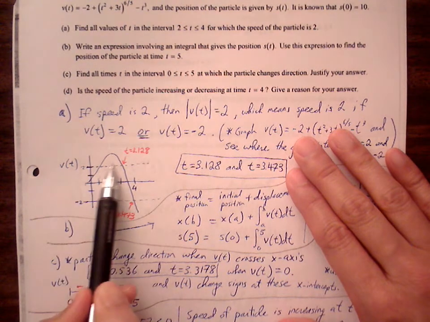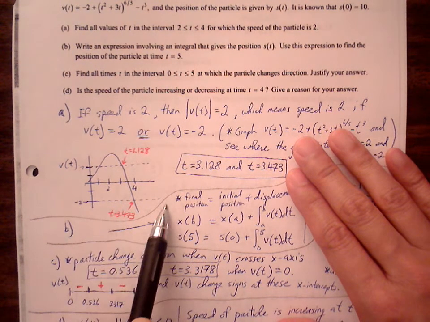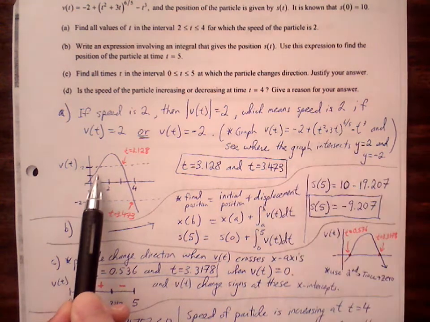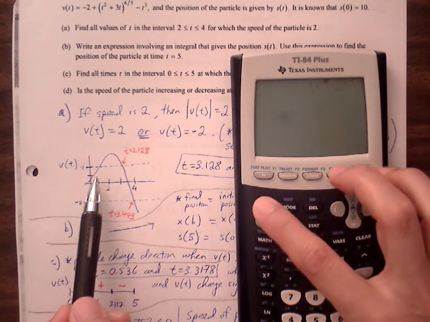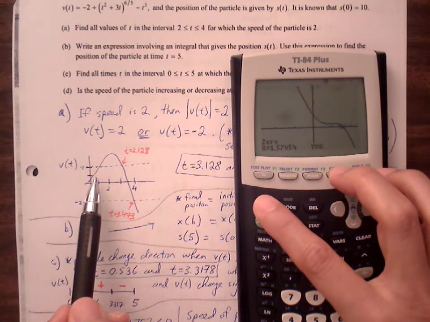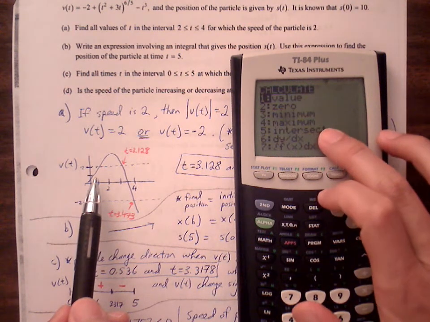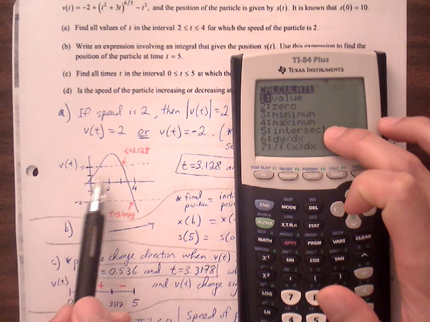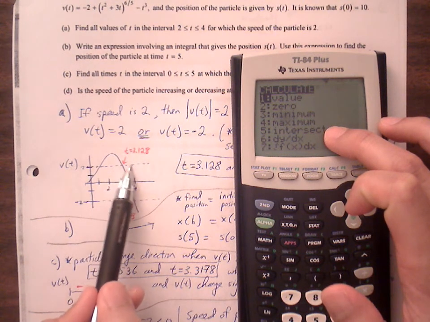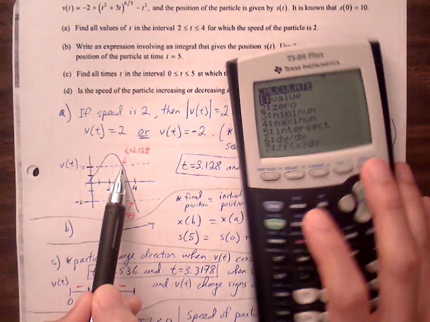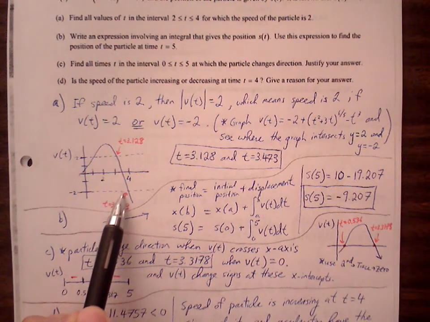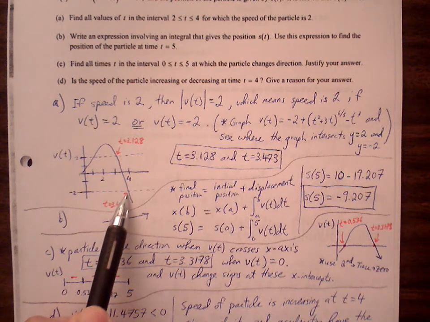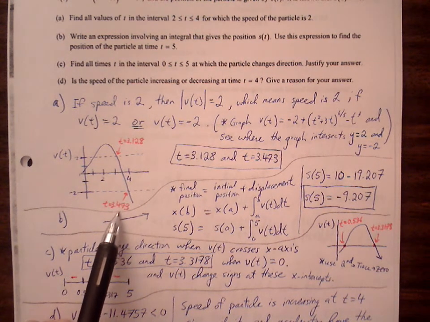We also have y equals 2 and y equals -2 all in place, and then in our calculator we can use the feature of second trace intersect to find the intersection between these two graphs, and that intersection is going to be at time t equals 3.128, and then separately we'll use the second trace intersect feature to find this other intersection, which is at 3.4.